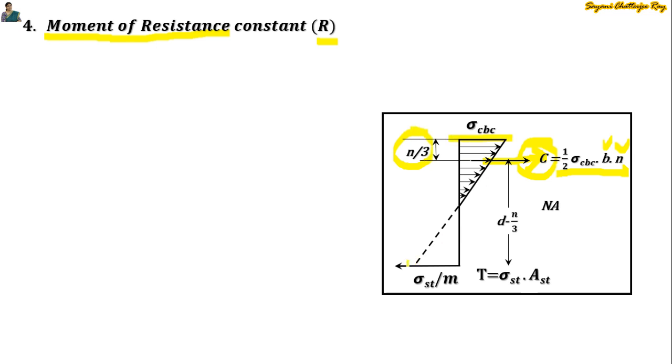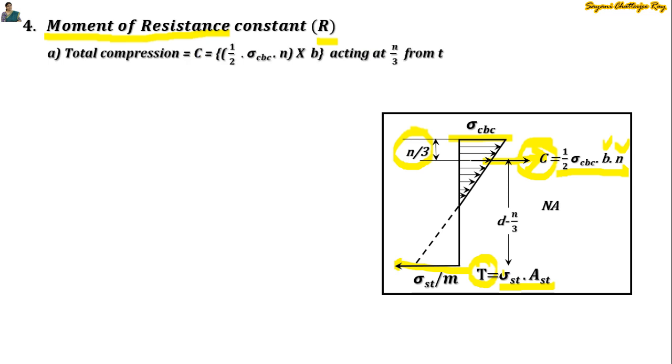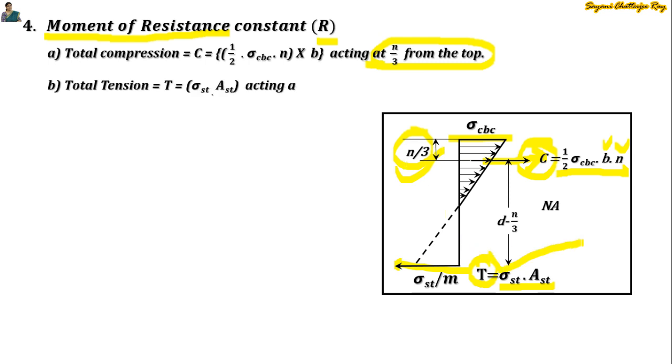The total tension is designated by T, it is equals to sigma st into Ast, and it is acting along the centroid of the steel reinforcement.